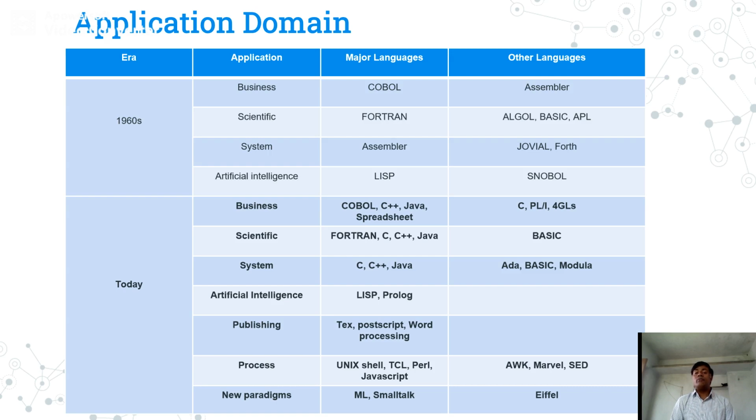In scientific type applications, the major language used was Fortran, and other languages used were Algol, Basic, APL. In system type applications, the major language was assembler, and other languages were Jovial and Forth. And in artificial intelligence type applications, the major language used was Lisp, and another language used was Snowball.